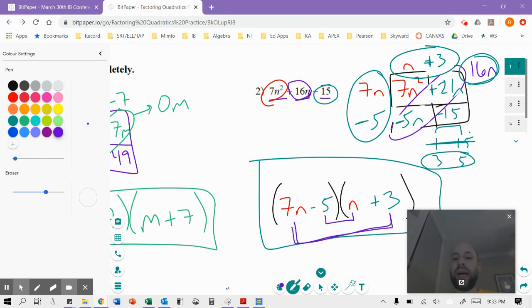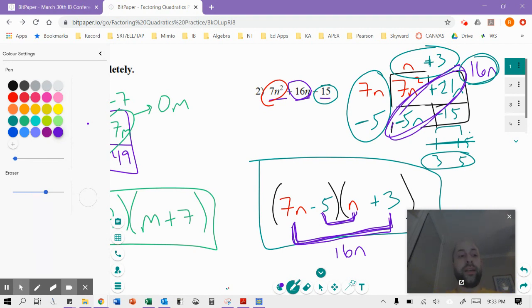So in the box, these two things multiplied together and combined is where we're checking that. The reason I like the box is it's a little bit more visual, helps some of you keep track, but otherwise, if you're just using the parentheses to guess and check, it's those two things that when you add them together, have to equal the 16n in this case.